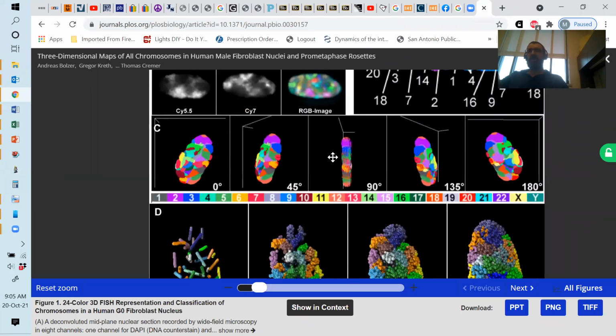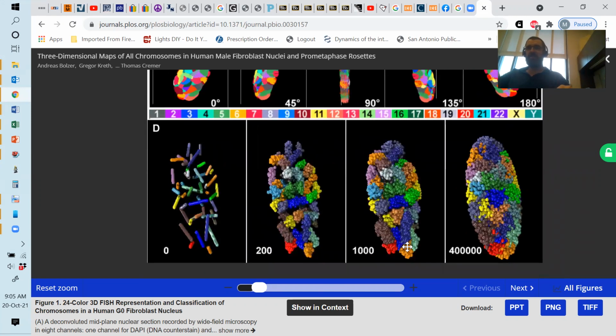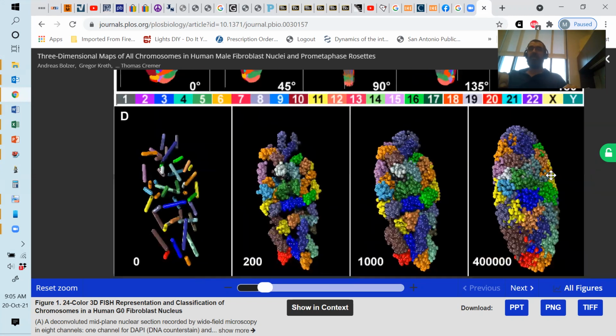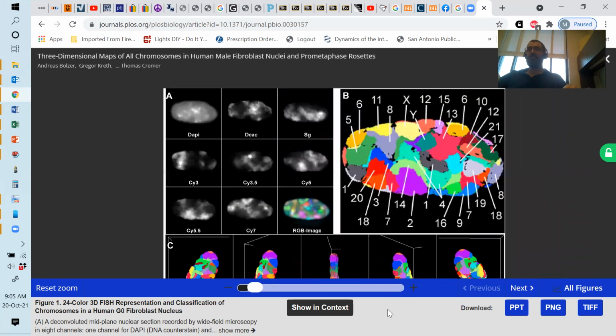But what you can do is make a 3D model. You can rotate the image of the nucleus around to look at different parts of it, which I always think is super neat. I've got some images like that too. This is where they model the individual chromosomes using all kinds of funky computational stuff. So yeah, I think it's cool. I'm not sure I'd be able to do this kind of work because this is really advanced microscopy.